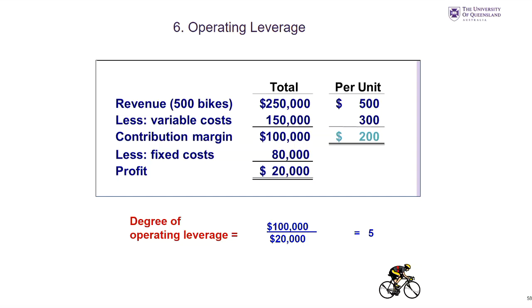Okay, so we can calculate the degree of operating leverage by dividing our contribution margin of $100,000 by our profit of $20,000. Remember I said the only difference is this fixed cost between the numerator and the denominator. So that gives us 5. So we have an operating leverage of 5. So what do we use that for?